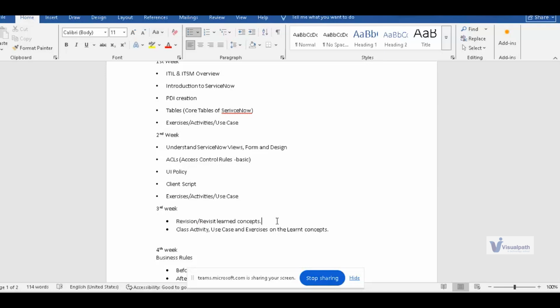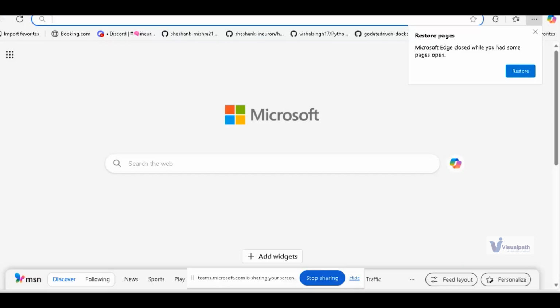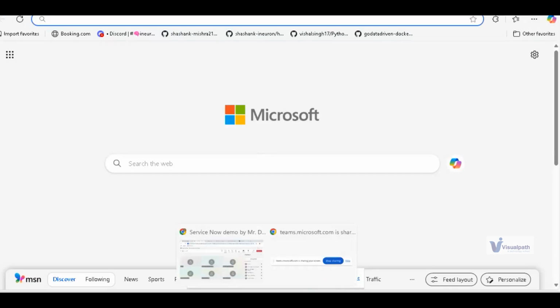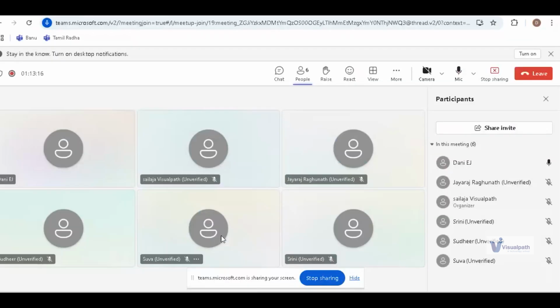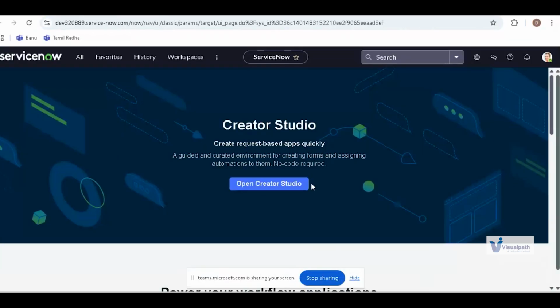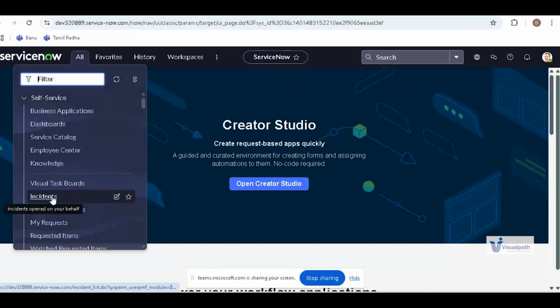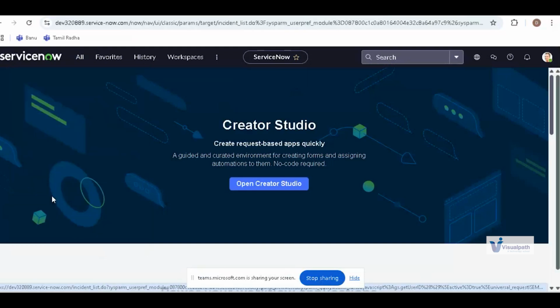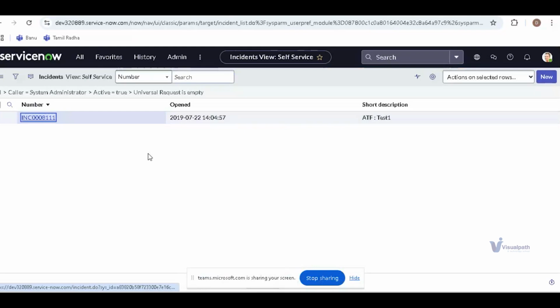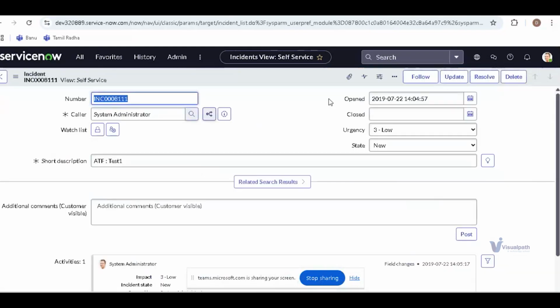Client side is nothing but what we see on the browser. Whenever ServiceNow is loading, if you go to an incident or anything, the data that you see is all fetched from the cloud and displayed here.